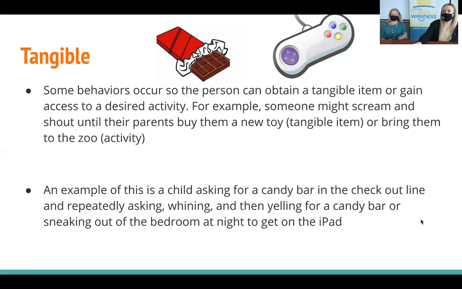We've all seen this, we've all been there as the observer or the participant: a child asking for a candy bar in the checkout line and repeatedly asking and then whining and then yelling and then maybe tantruming, kind of trying to use all the skills they have to get that tangible. Or maybe sneaking out of the bedroom at night to gain access to the iPad.